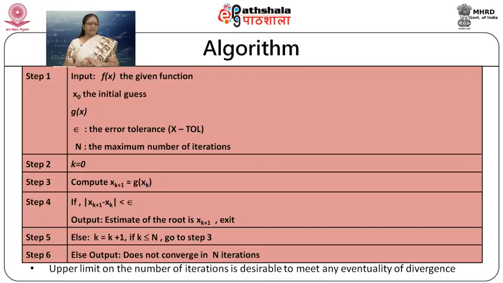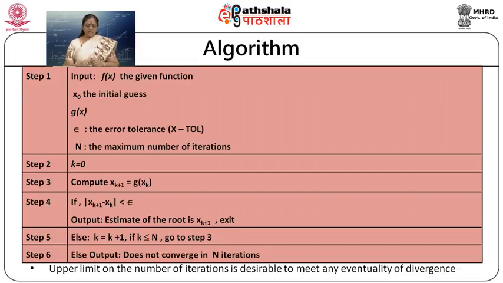Our input will be the given function f(x), which we express on our own as x equal to g(x). A proper g(x) has to be chosen, and an initial guess has to be determined. So x0 will be the initial guess, g(x) will be the function, and epsilon tolerance, how accurate we want the answer, will be the input.